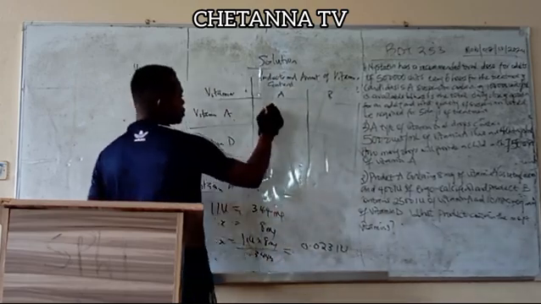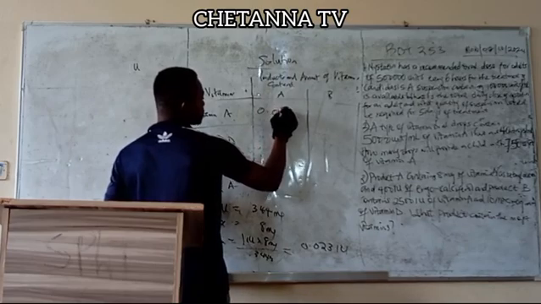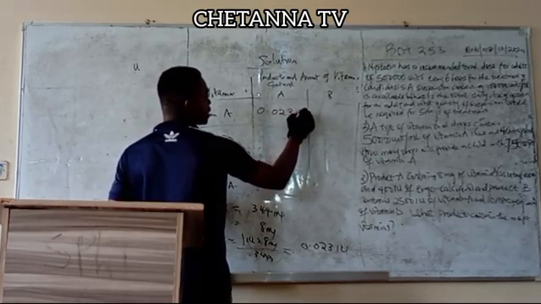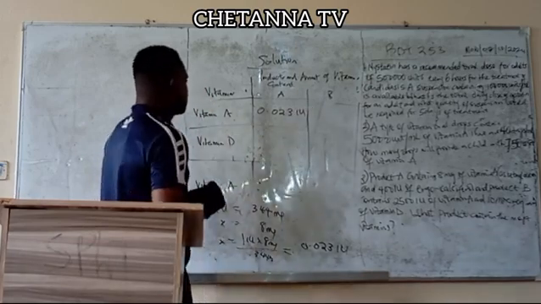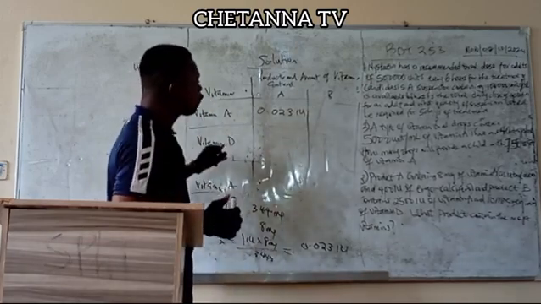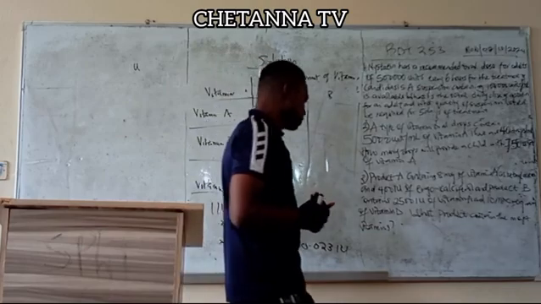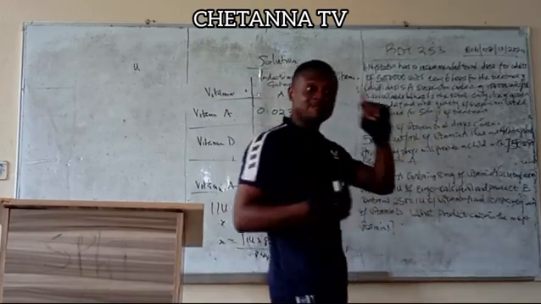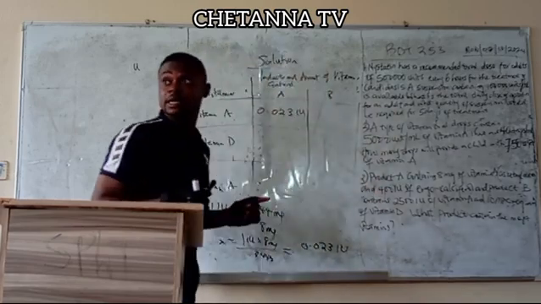So here is 0.023 IU. Then still under product A, what amount of vitamin D is there? The same vitamin A, the same product A.